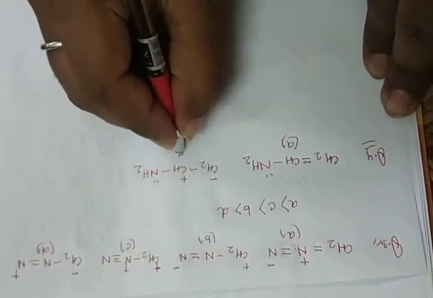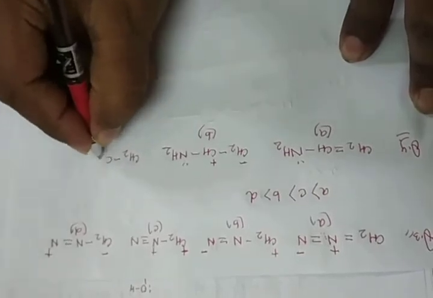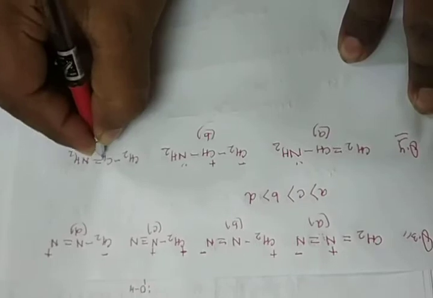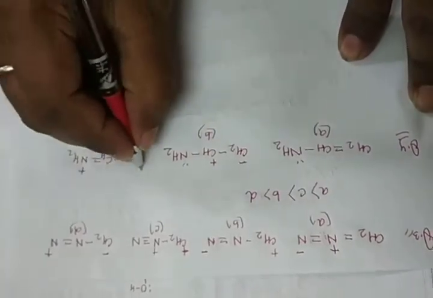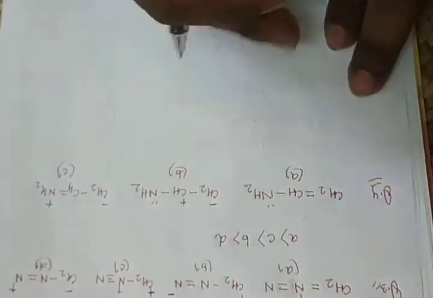This is compound B. Now again CS2 single bond C, double bond NH2, this carbon has one hydrogen, and this nitrogen has positive, and this carbon negative. This is compound C. Check and arrange in stability order.